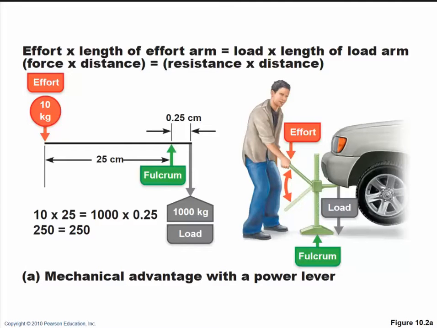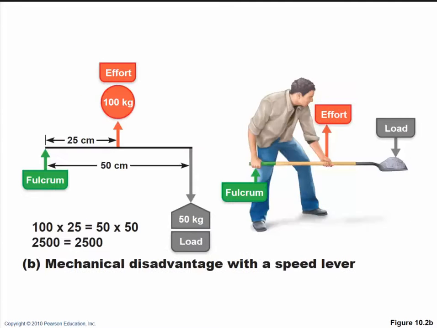Now, this is mechanical advantage. Mechanical disadvantage is when you want speed. And that's when the distance from the effort to the fulcrum is less than the distance of the load to the fulcrum. So it still equals the same.